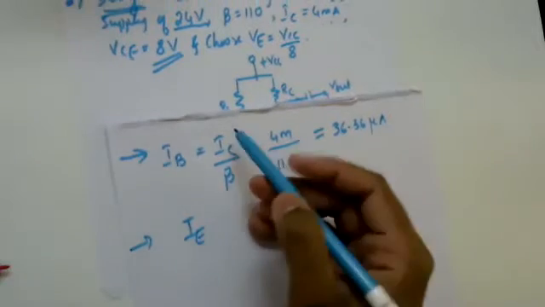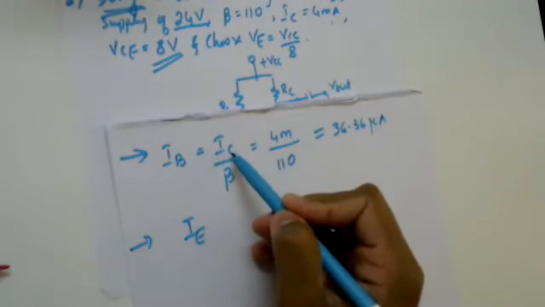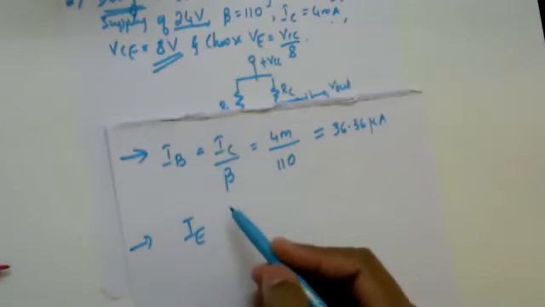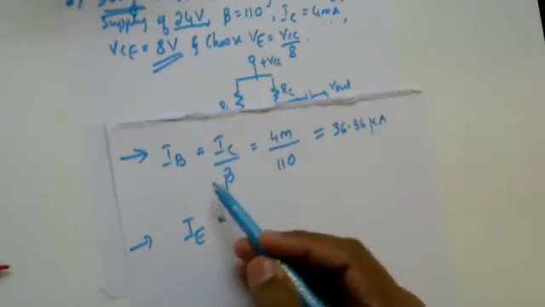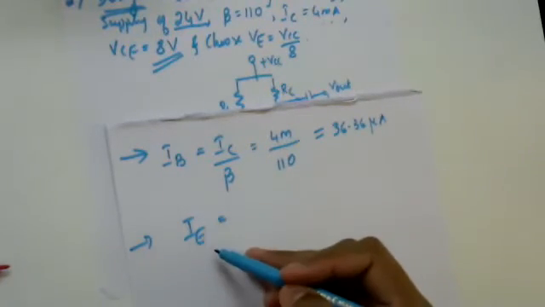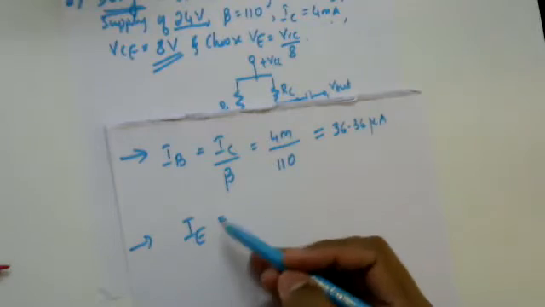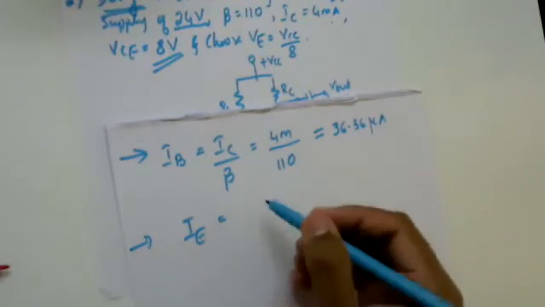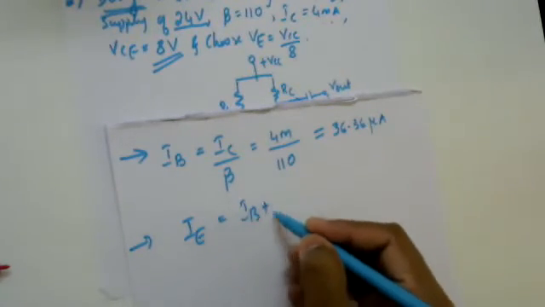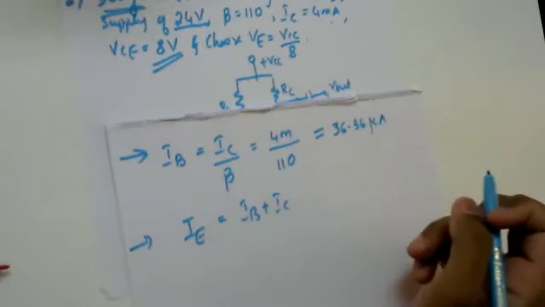Then once I compute the value of IB, I can compute the value of IE also, because I know the value of IB and I know the value of IC. I can write IE as IB plus IC.